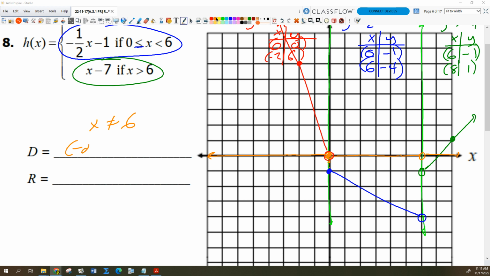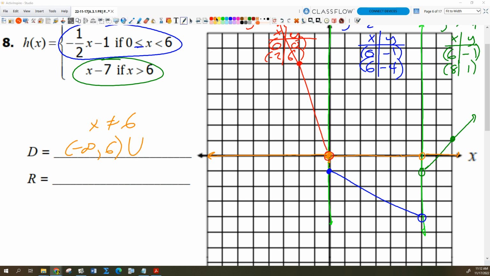Okay, so it starts at -infinity and then it goes all the way up to 6, but do I need a parenthesis or a bracket? Parenthesis, because remember, 6 is not included. So I'd go all the way up to 6 with a parenthesis, and then I've got to have an or, right? Because I'm going to have two separate regions.